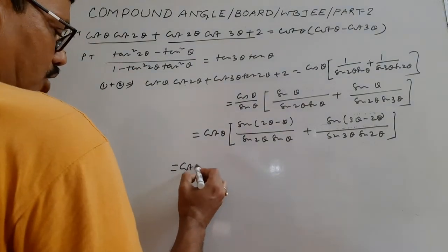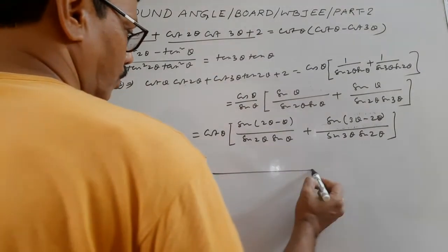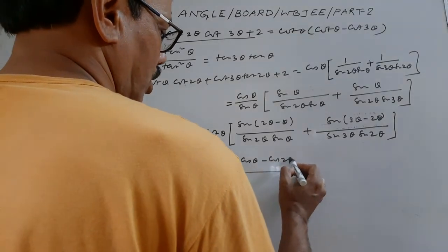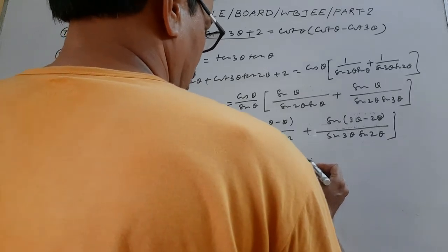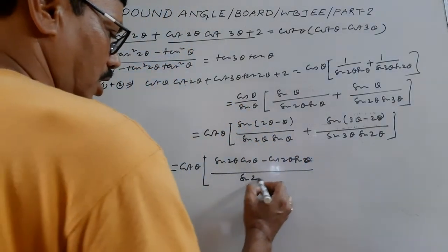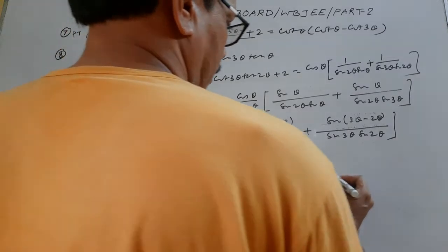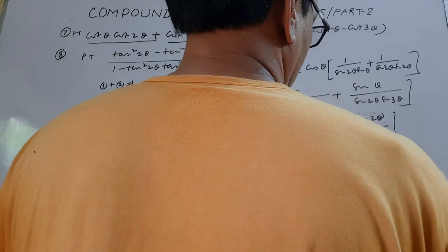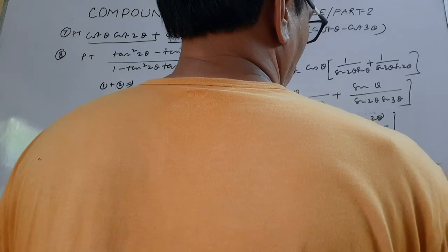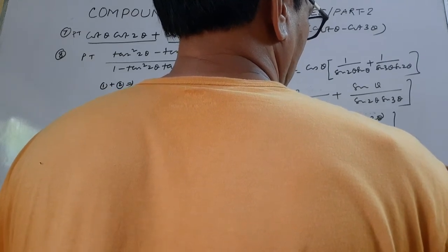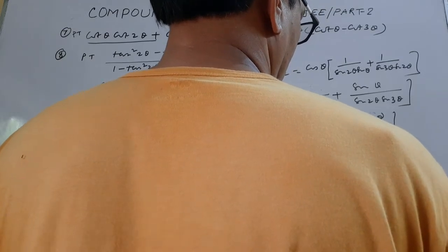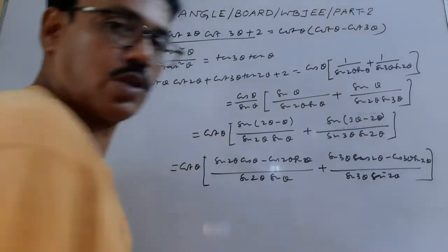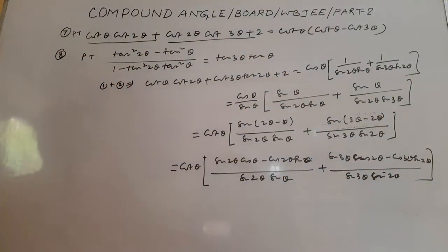So cot theta unchanged. So sin 2 theta cos theta minus cos 2 theta sin theta by sin 2 theta sin theta, plus sin 3 theta cos 2 theta minus cos 3 theta sin 2 theta by sin 3 theta into sin 2 theta. Now this is the last step.